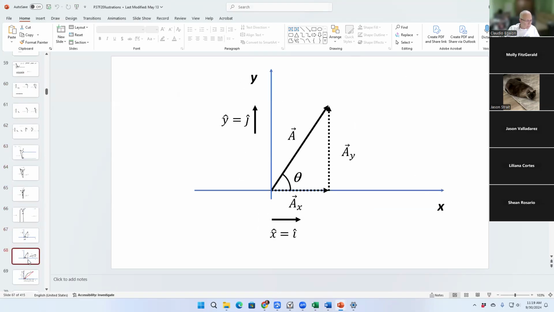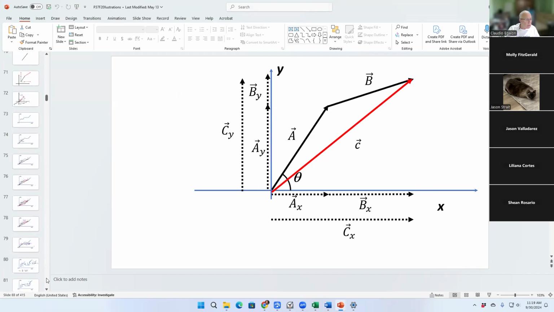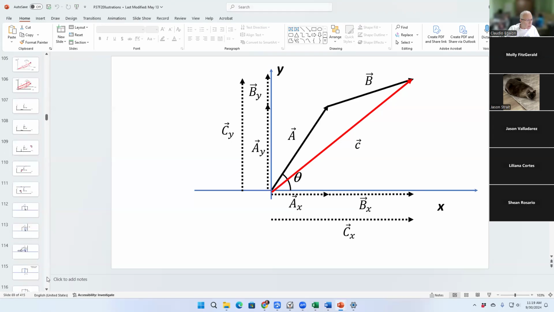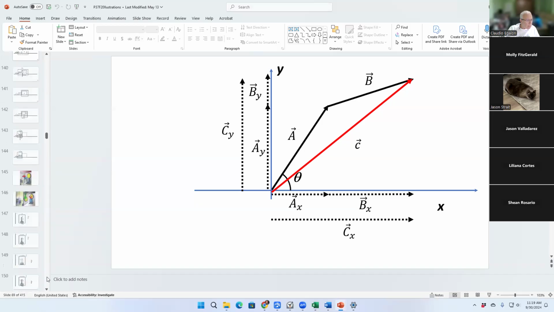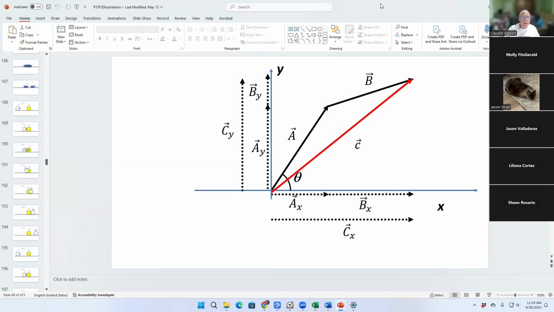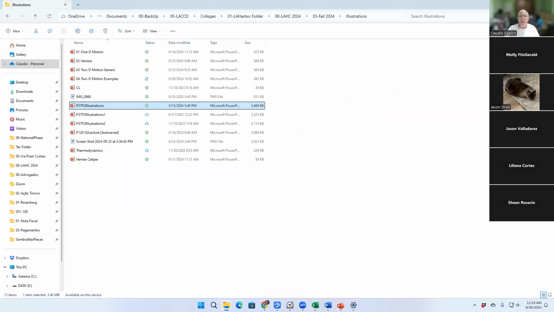I have to do the drawing from scratch. Yeah, let's do the drawing from scratch, so I don't spend too much time doing that.